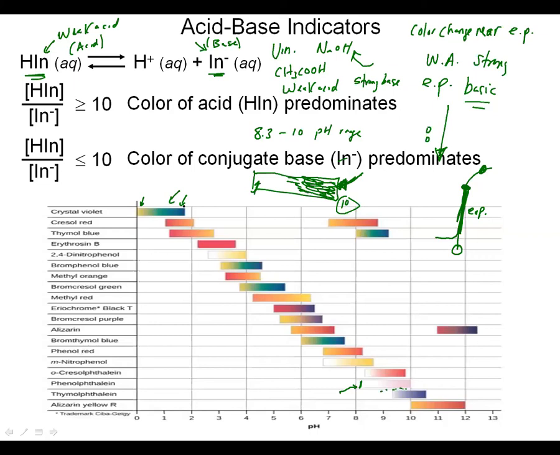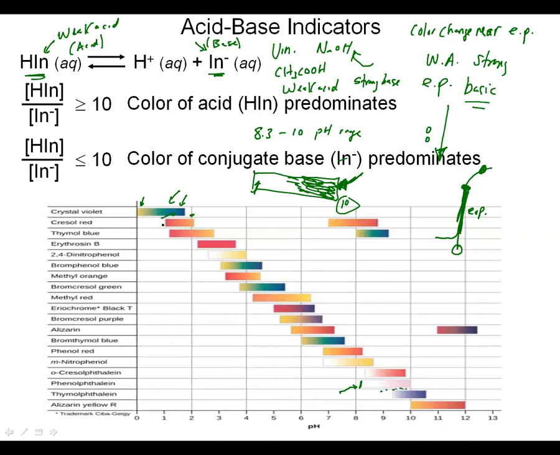If our equivalence point was a pH of, let's just say 2 or maybe 3, this would not be a great indicator to choose, because by the time we get to our equivalence point, over here, this has already been blue for a long time, right? It's been blue for a good period of time, which is way before our equivalence point. So it would have changed color before our equivalence point.